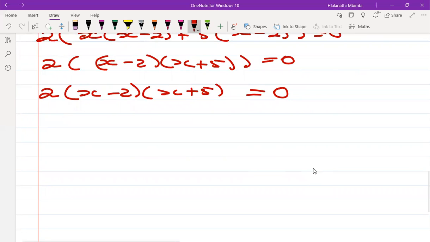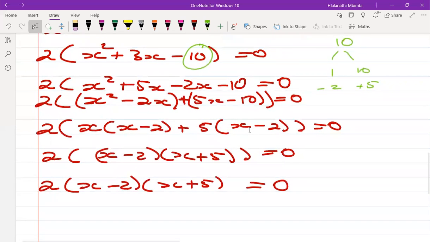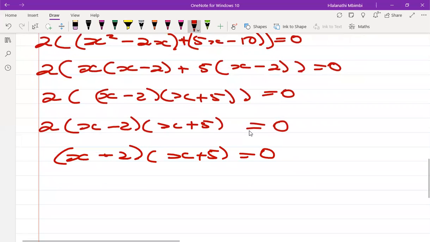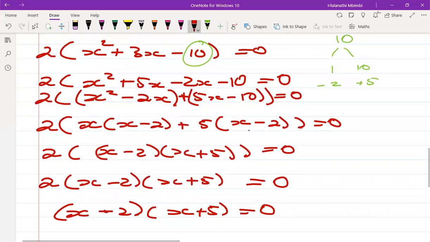Okay, anyway, you can divide by 2 all the way out. In fact, instead of taking out a common factor earlier on, we could have divided by 2. Think about dividing by 2 here, and you'll have x plus 5 is equal to 0. Now, I would create a distinction, and I think this is the best way to say it: in an equation, you can divide by a factor, if it's not x involved.